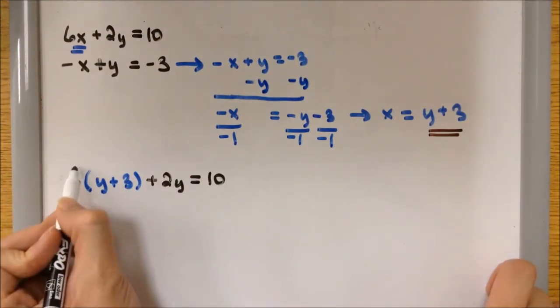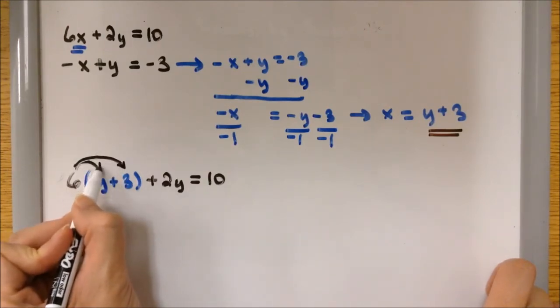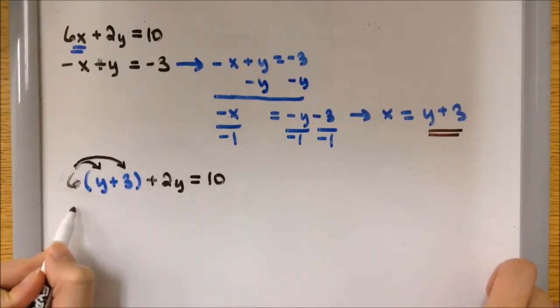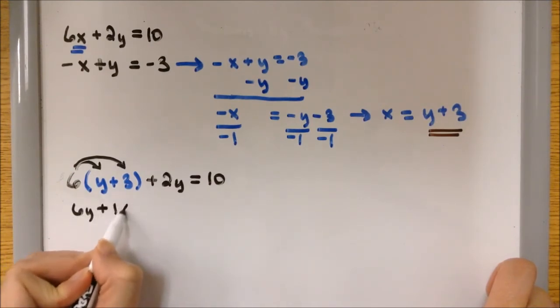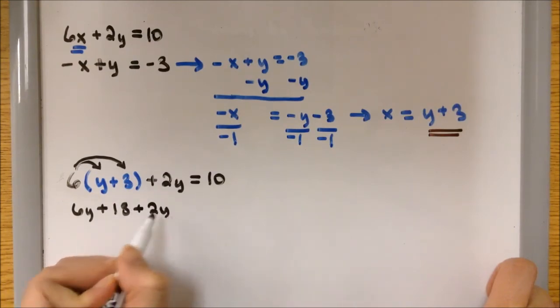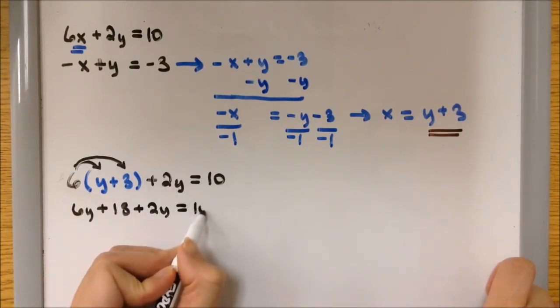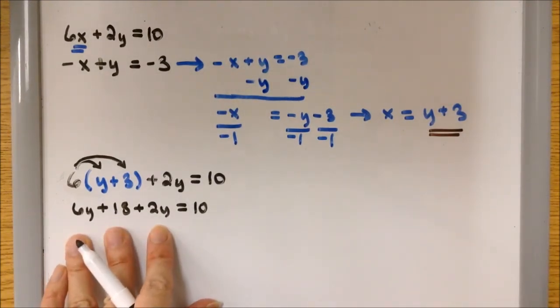Next, I'm going to distribute the 6 since it's in front of the parenthesis. So it will be 6y plus 18 plus 2y equals 10. Next, I'm going to combine the y's together because they're on the same side.